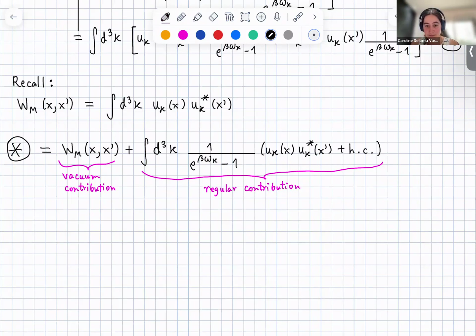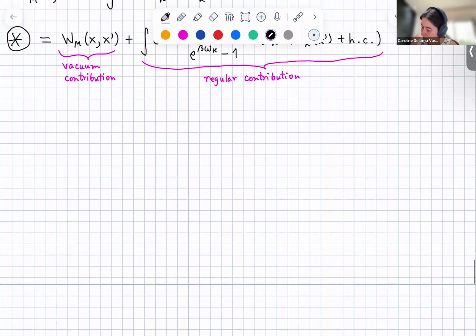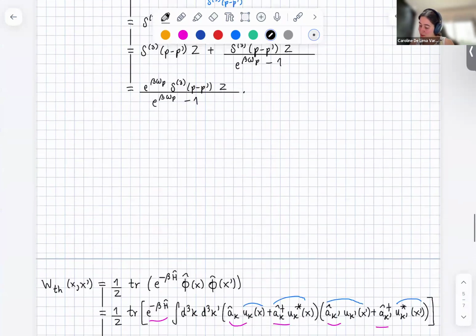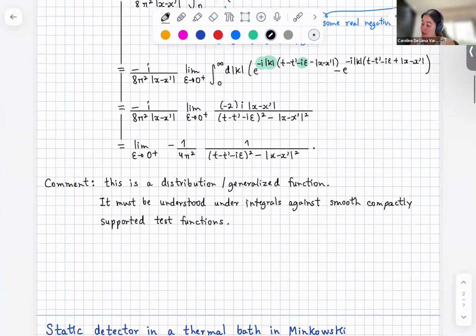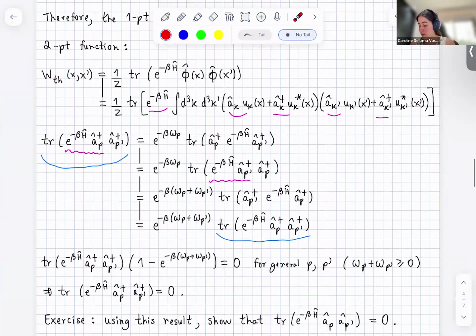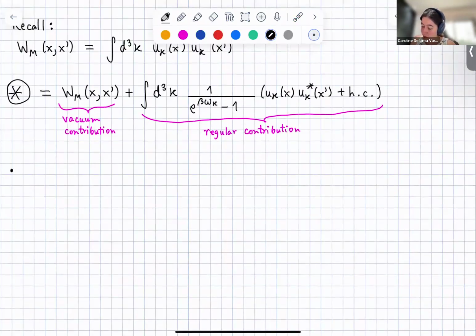Okay, seems like no questions at this point. So now let's look into the specific case that we are discussing. If you remember, in the beginning of this whole calculation, it's been a while, what we wanted to compute is the case for a static detector in this thermal bath. So first of all, let's consider the massless case, so massless field.